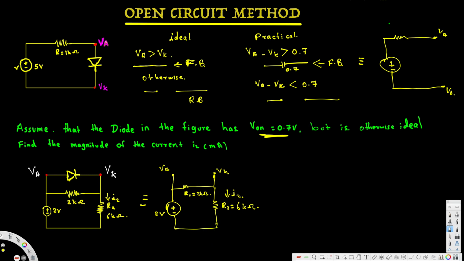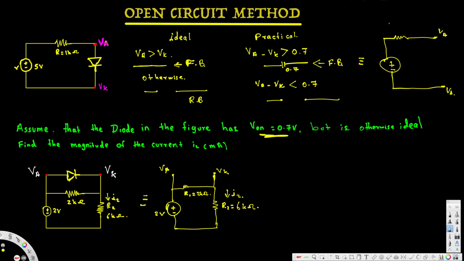The question is asking us to find this I2 current. This is 2 volts, and this is the anode side of the diode, so this is VA. This is the cathode side of the diode, so this is VK.